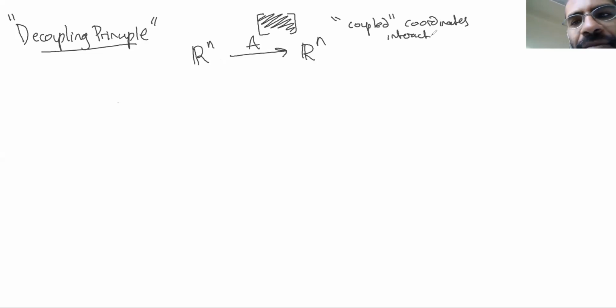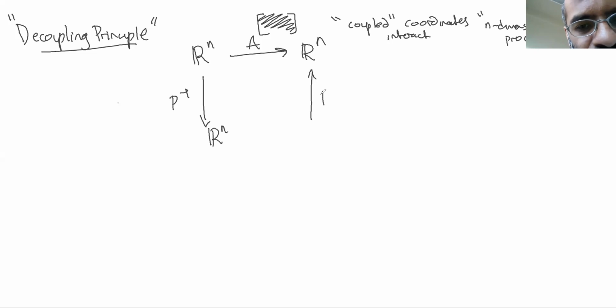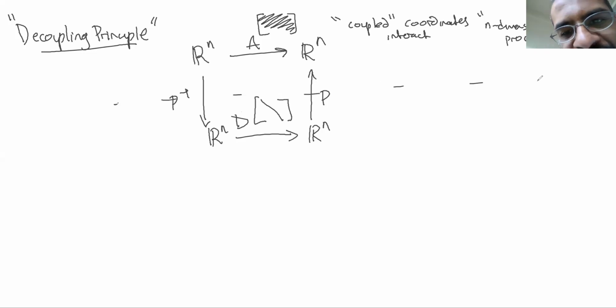And if this is an n-by-n matrix, this is some sort of n-dimensional process, let's say. And what diagonalization buys you, by switching to the eigenbasis, is a matrix that looks like this. It's diagonal, and the conceptual difference is that this is decoupled.